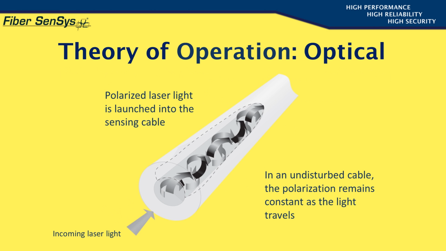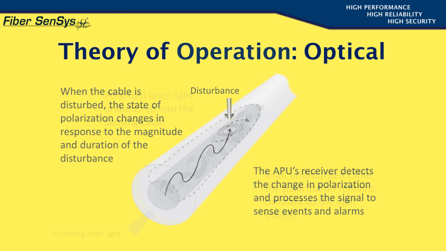The FD322 operates on the principle of polarimetric detection. Laser diodes naturally emit polarized light, and that light is launched into the sensing fiber. When the fiber is undisturbed, that is, not subject to external vibration, the laser light's polarization remains constant as it travels through the fiber.